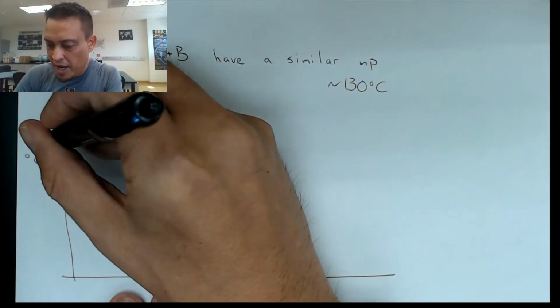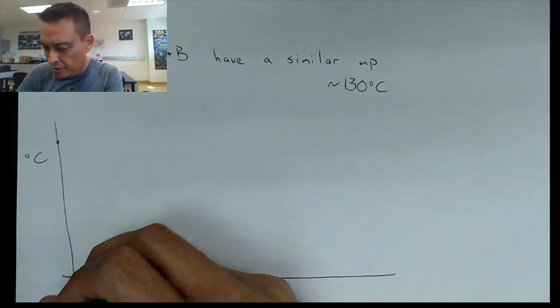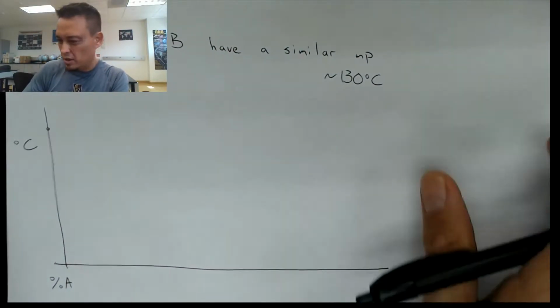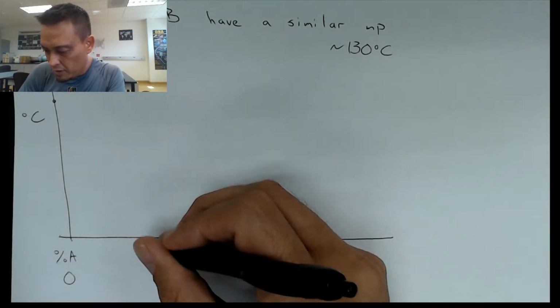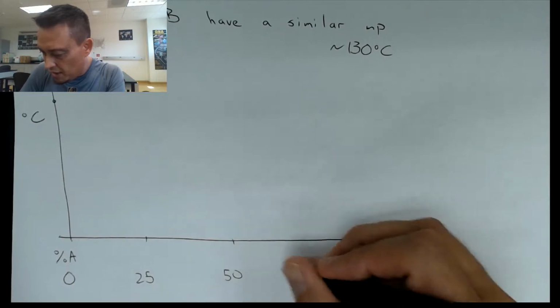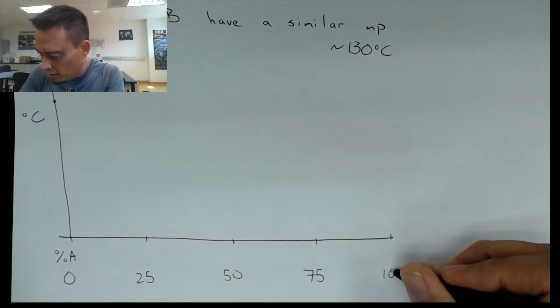And then you can imagine on the x-axis we have percent A. This will start at 0, 25, 50, 75, and then 100.